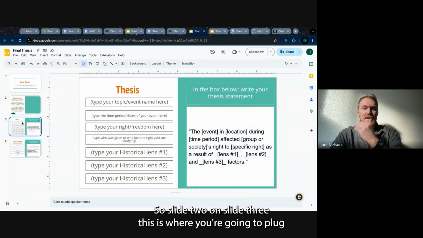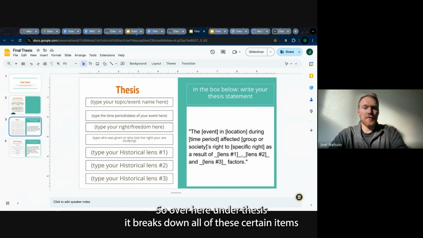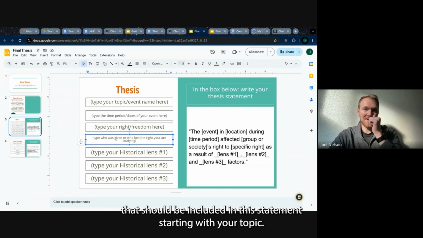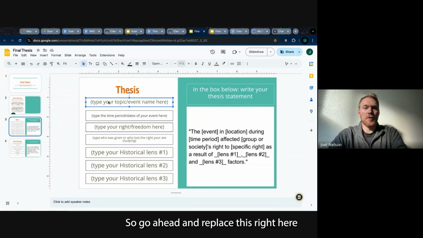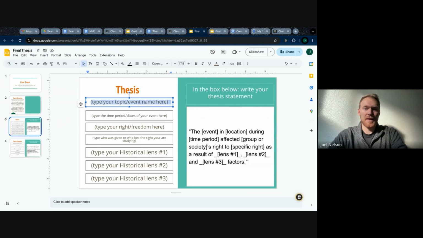On slide 3, this is where you're going to plug in your specific project data to that formula. So over here under thesis, it breaks down all of these certain items that should be included in this statement, starting with your topic. So go ahead and replace this right here with the name of your topic or event that you're studying. Just type it right there.